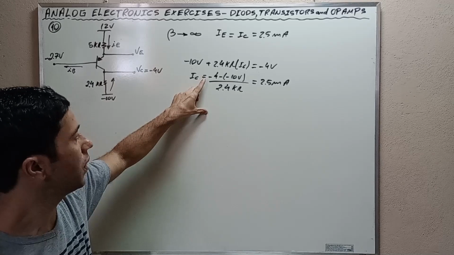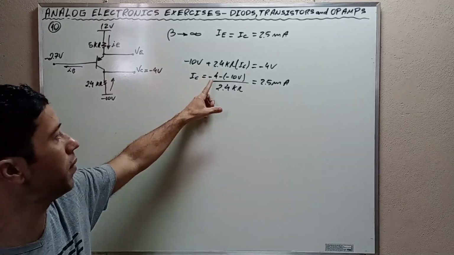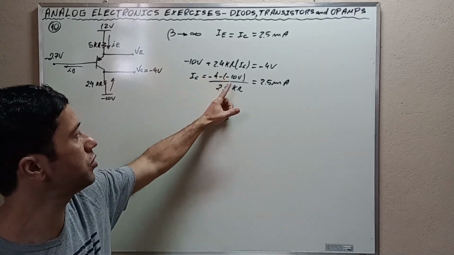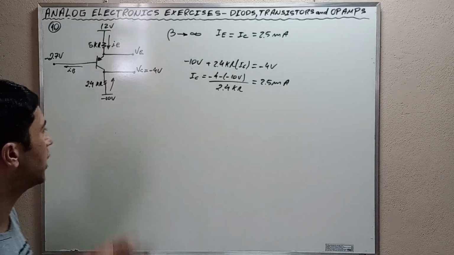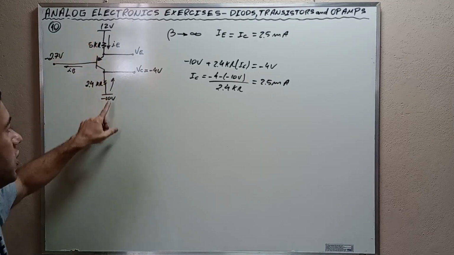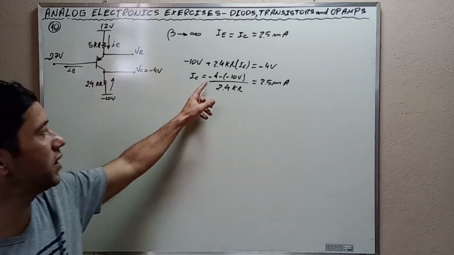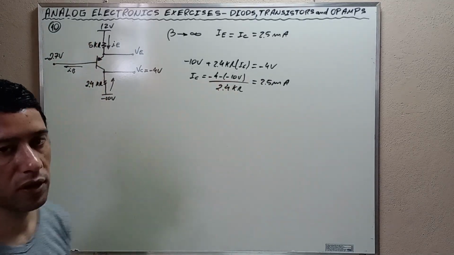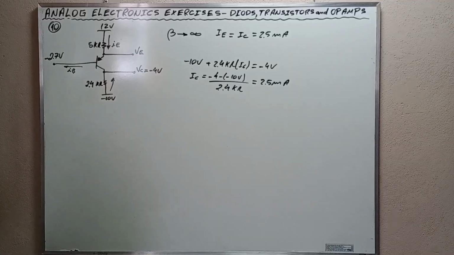But here it is minus 4 minus negative 10 volts, which is positive 6, okay? Because here the source is negative, here the source is positive, here the source is negative. That's why we did this in this way.